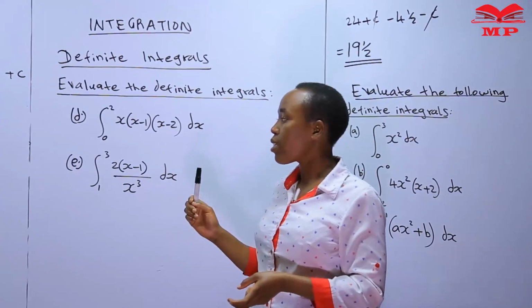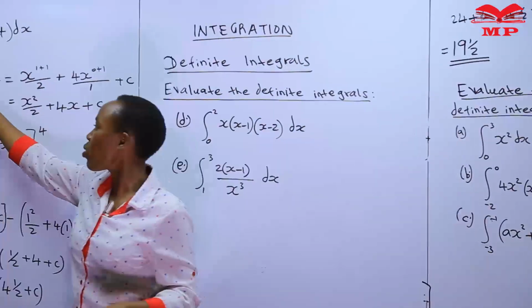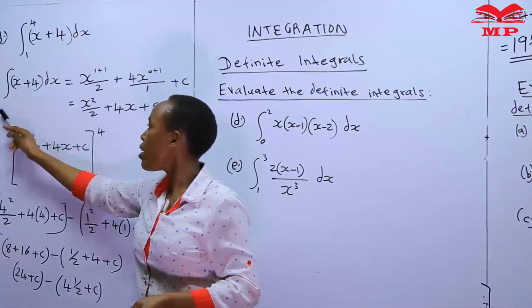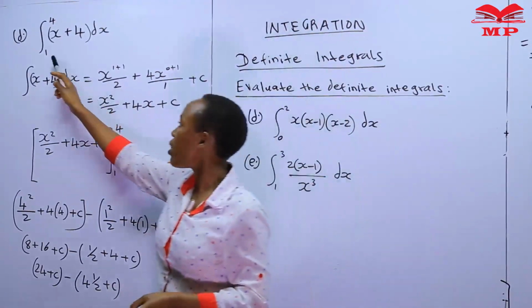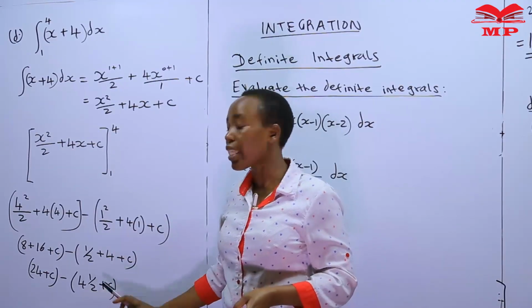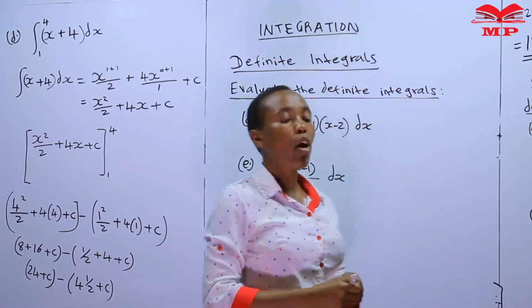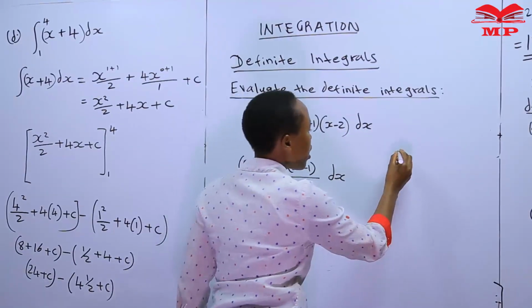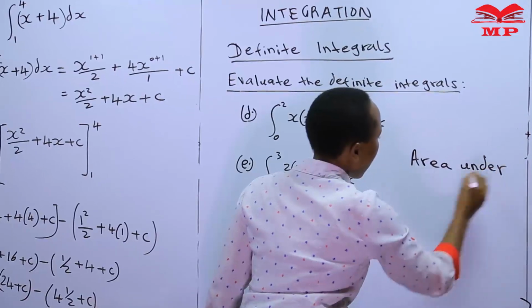For the indefinite, we are getting our answer with this C, because like in this case, this is an indefinite integral and that's the answer. But now when we have the definite, when we have those limits, we get an exact answer.